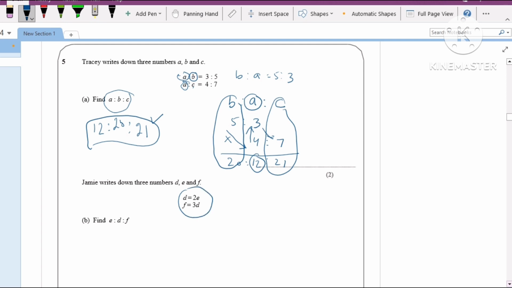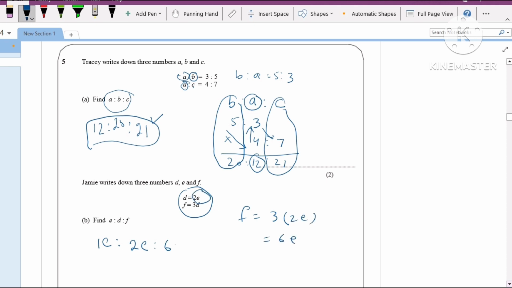Most of the papers give this question in this way: D is twice of E and F is 3 times D. So E is 1E, D is twice E, so you write 2E, and F is 3 times D, and D is 2E, so F is 6E.